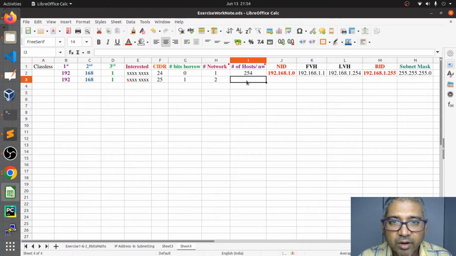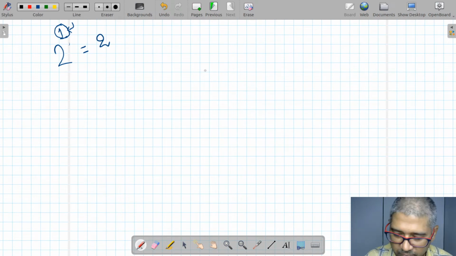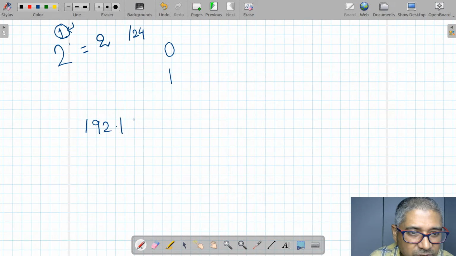Fine. Now, if you bring one bit, you get two networks. So let's calculate. The first bit is 0 and the second bit is 1, how is it going to work? When the network was slash 24, what was the IP? 190.16.1.0, that was slash 24.